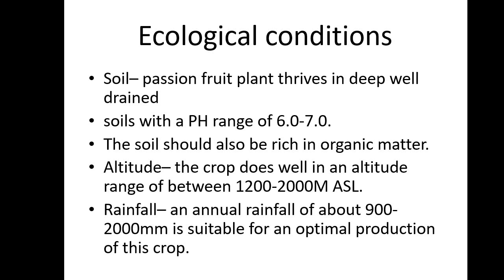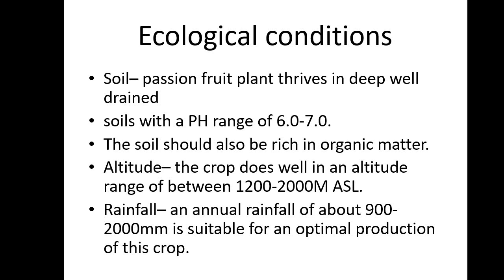They should range from between 6 and... Yes, good. Someone else? Rainfall. Yes. An annual rainfall of about 900 to 2,000 millimeters is suitable for an optimum production of this crop. Yes, wonderful. That is good.